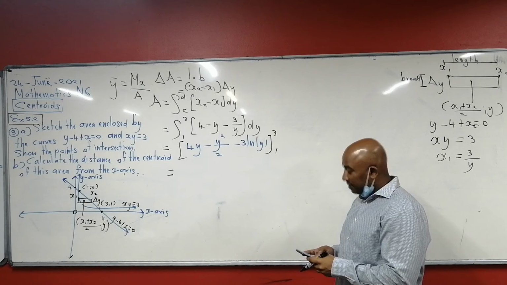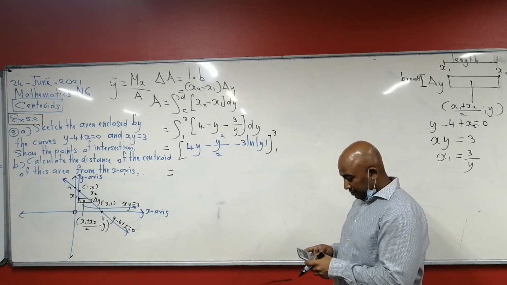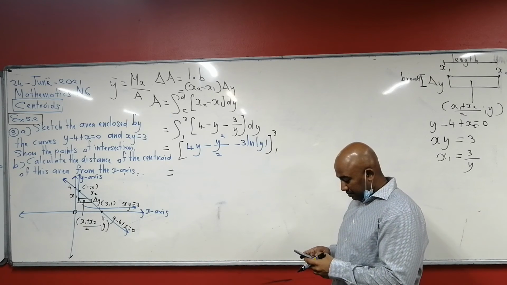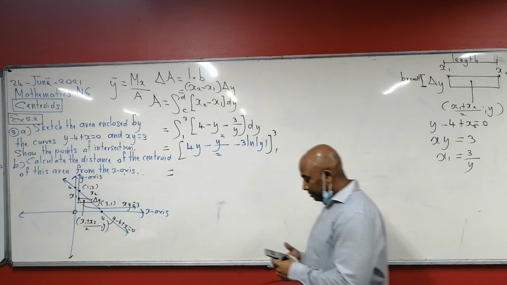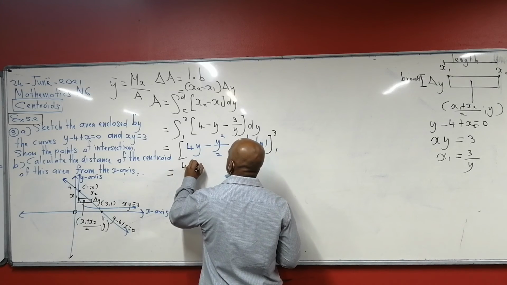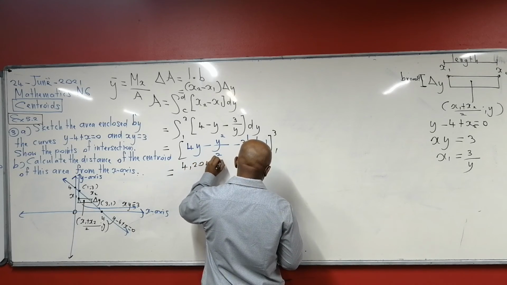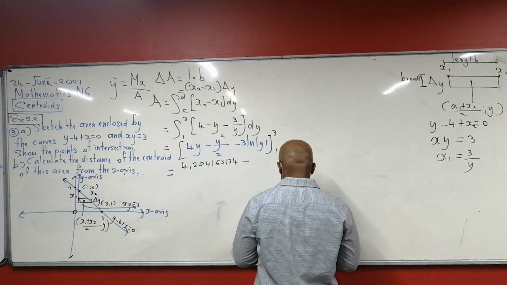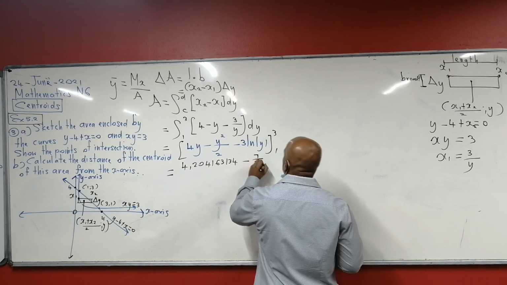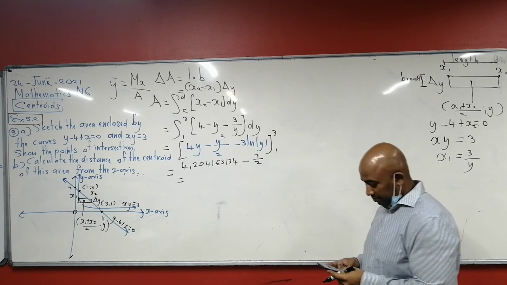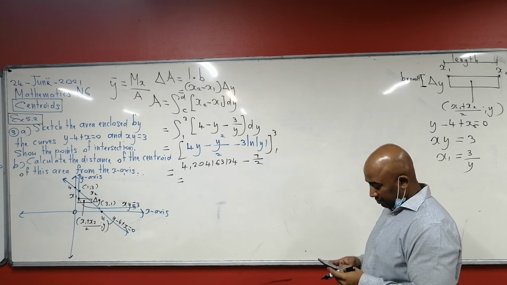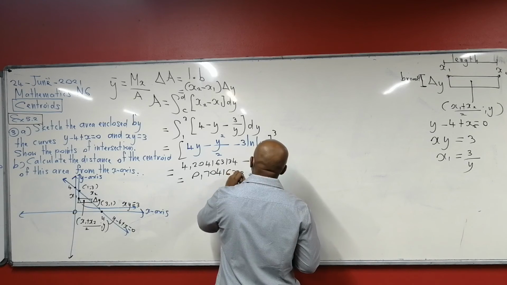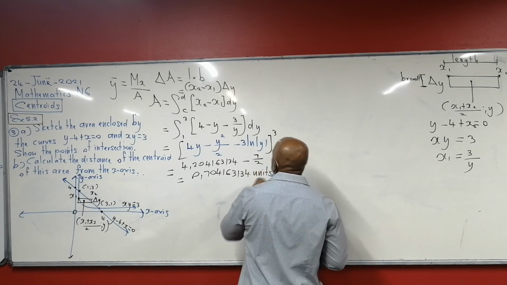What do we get? So if I substitute 3, I get 4.2041631343, minus, substitute 1, 7 over 2, which is 0.7041631334 units squared.